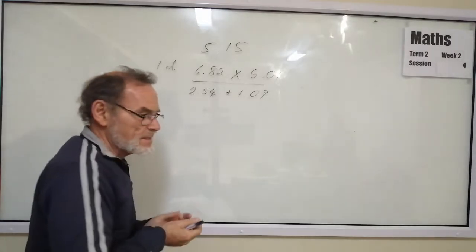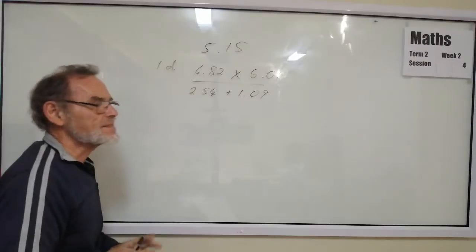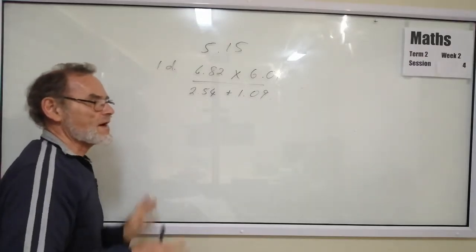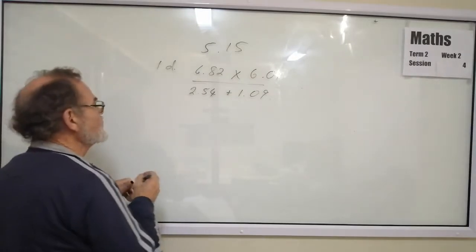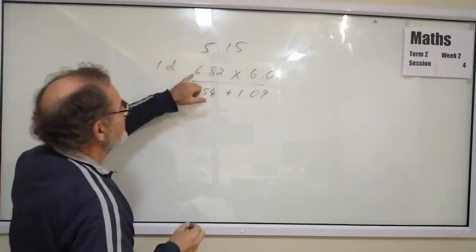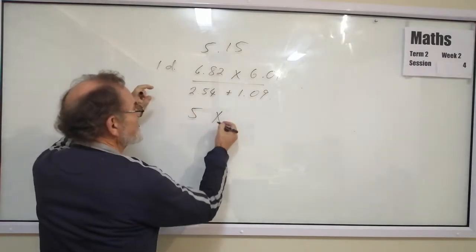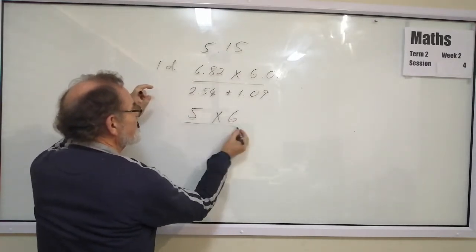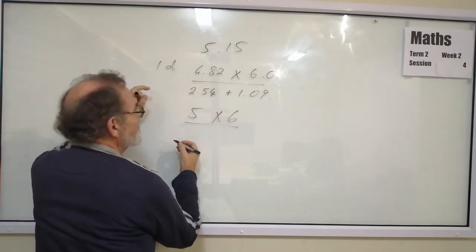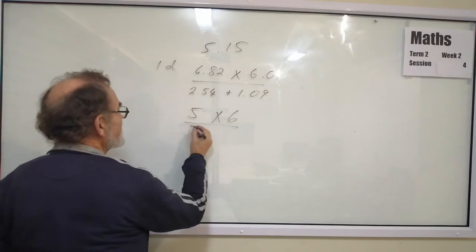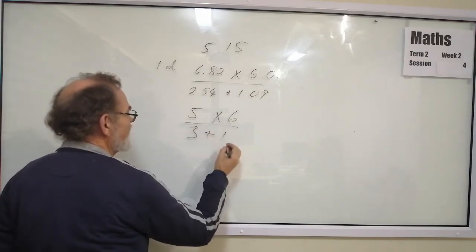The thing with estimation is it must be quick and easy, because you want to save time, you just want to take a good guess. So we're going to change these all to 1 significant figure. So 4.82 becomes 5, and 6.01 becomes 6. 2.54 can become 3, and plus 1.09 becomes 1.